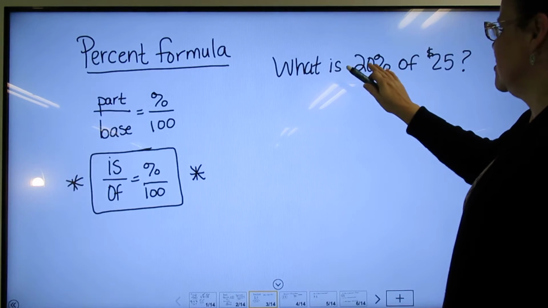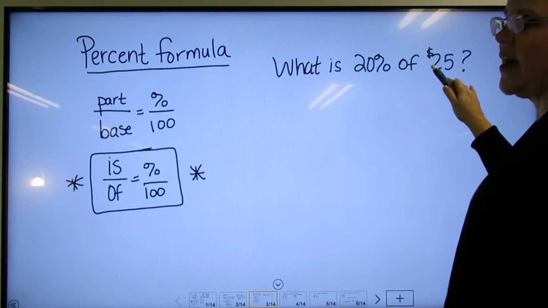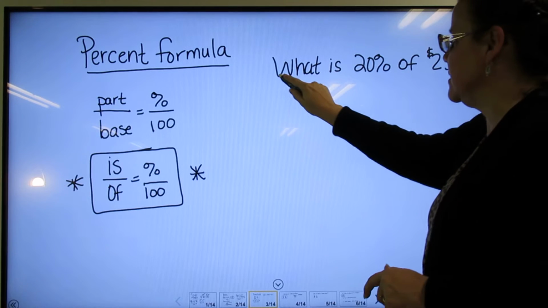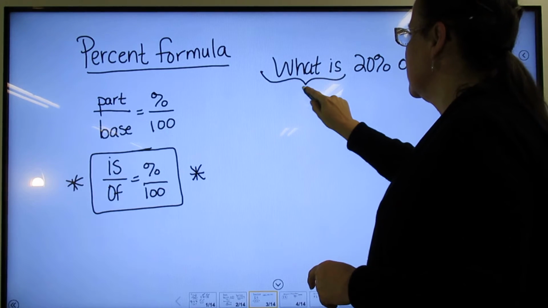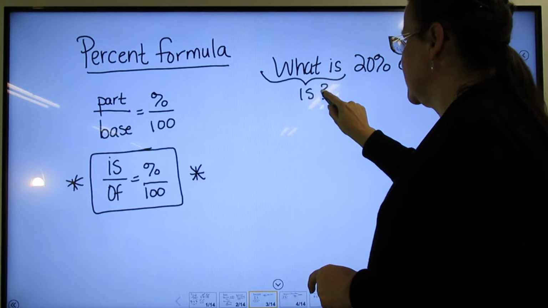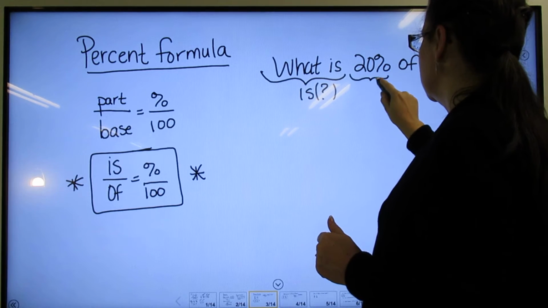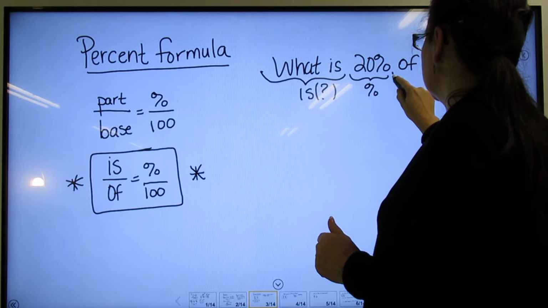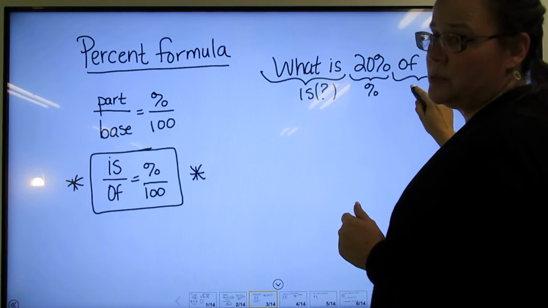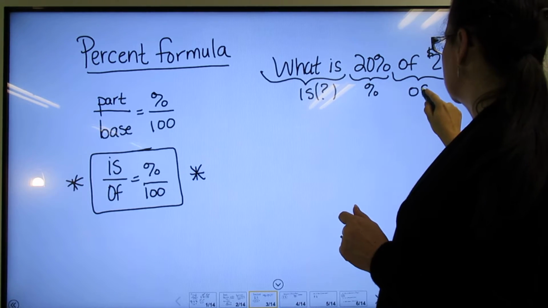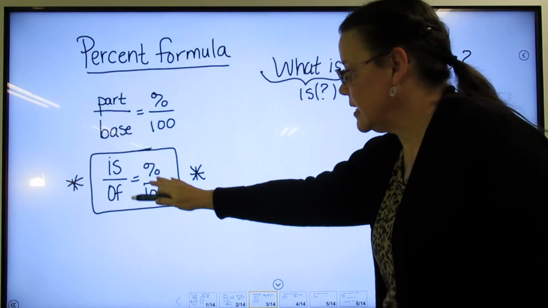What is 20% of 25? And you just break it down in little pieces. This is your is, and we don't know what that is, right? Because it says what is, that's the question. 20%, that's your percent. And then of, that would be your of part of this formula. Is over of.